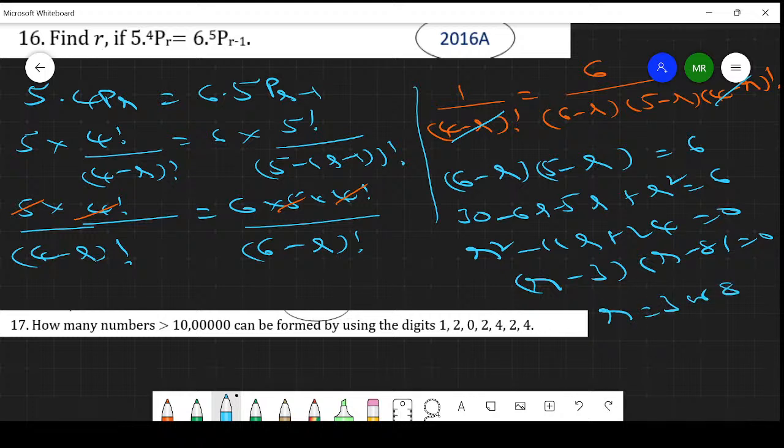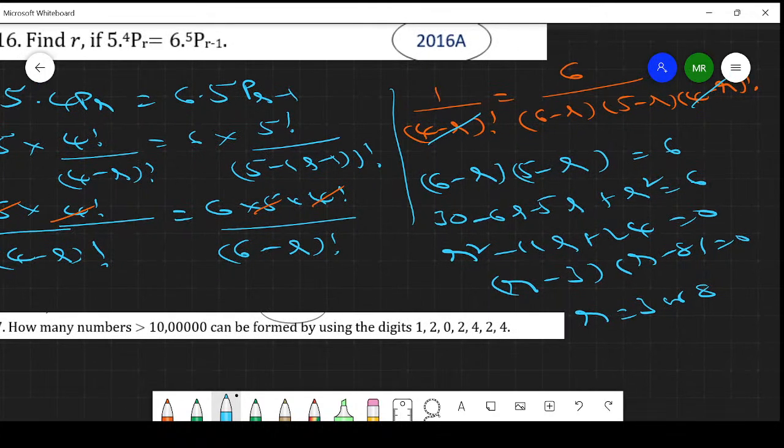r equal to 3 or 8. But can I take 8 here? It is 4Pr here, so r value should not be 8. Correct? Because 4Pr, that is the reason. I can't consider the r value 8, because you are arranging 4 things, so the r value should not be more than this.